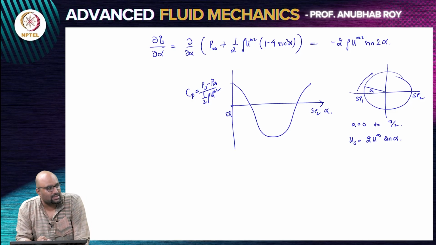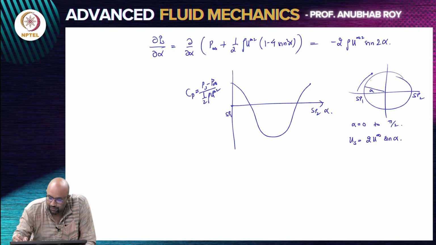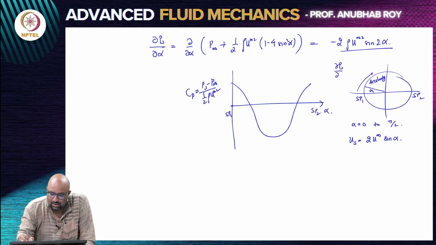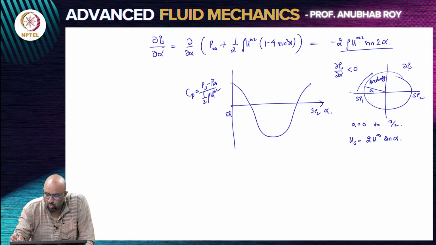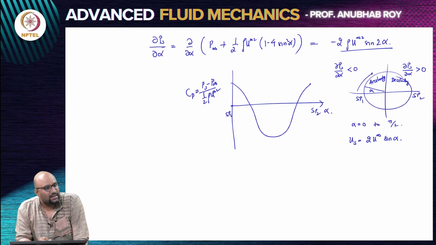Now you can view this as the external stream, that potential flow. You are going to see an accelerating flow in this stage, right? In this case, your dou ps, dou alpha is negative, because sine 2 alpha is positive between 0 and pi by 2. And once you have crossed pi by 2 to pi, it becomes an adverse pressure gradient and the flow is decelerating.